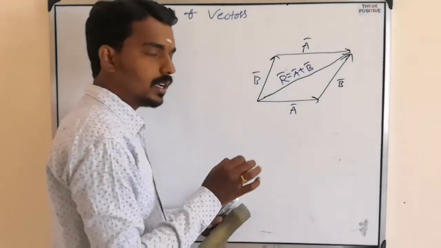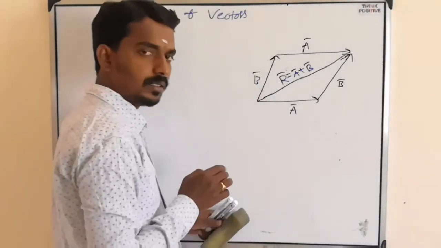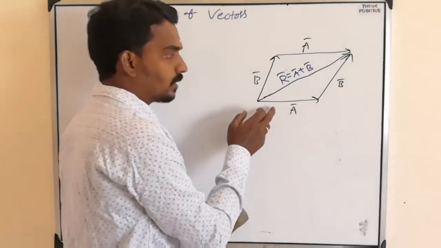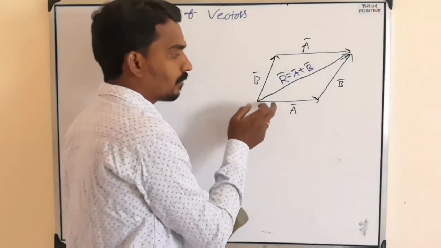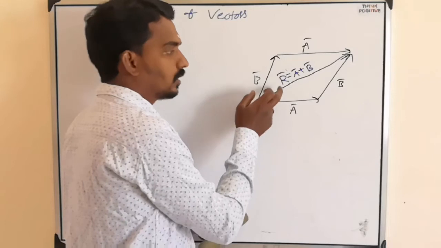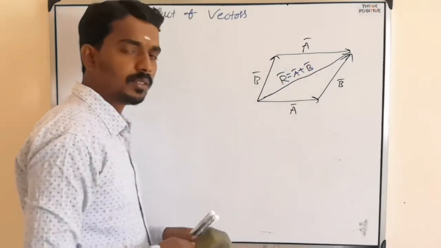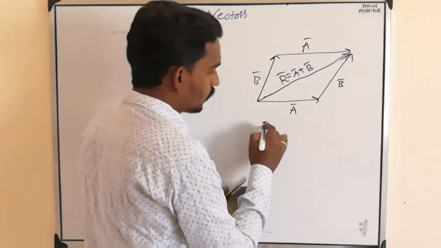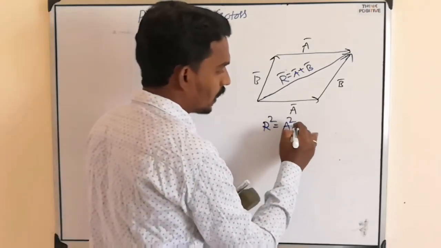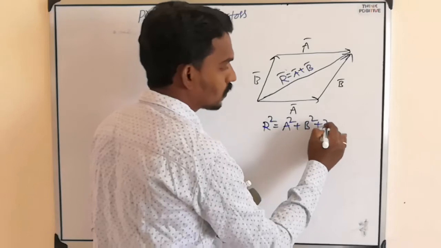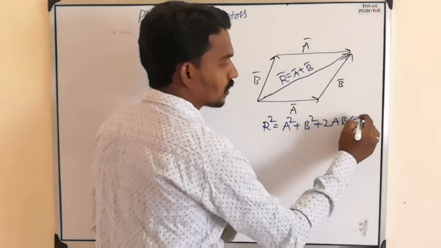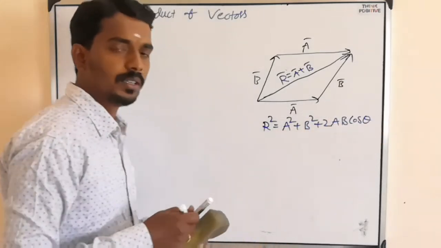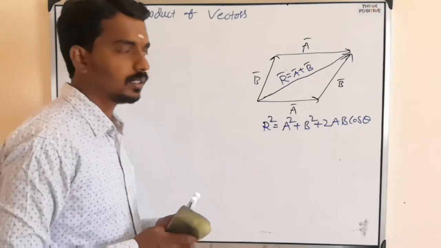The diagonal between the two vectors drawn as adjacent sides of the parallelogram gives the resultant of the two vectors. So here we took the magnitude R square equals A square plus B square plus 2AB cos theta. That is what we have studied, right?